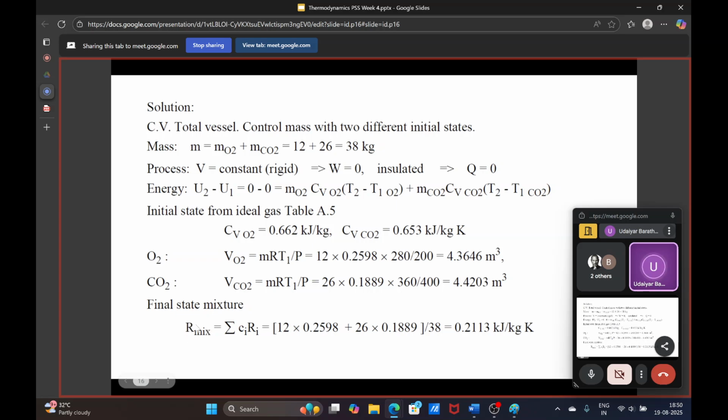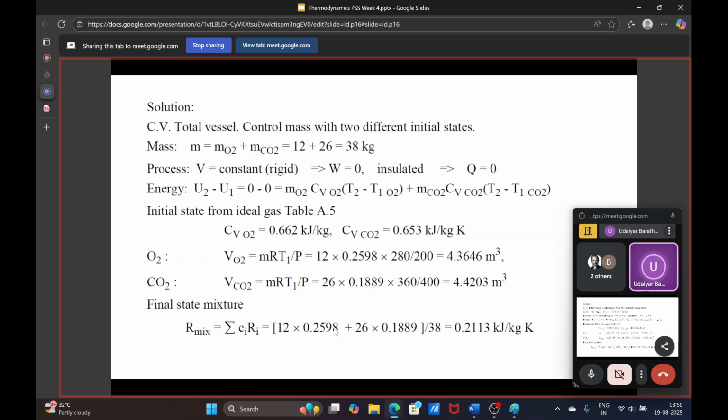So R mix is the summation of mass fraction into the gas constant. We know the individual masses, we know the total mass, so that gives you the mass fraction.